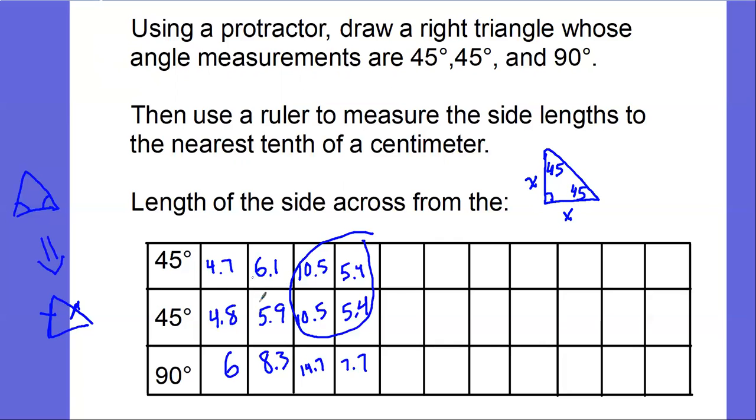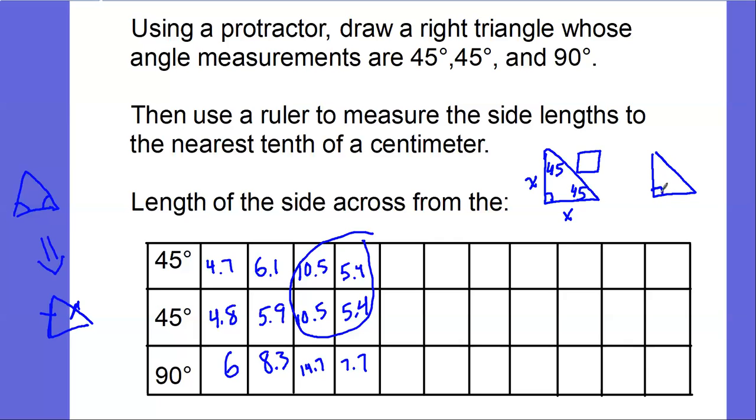Obviously, there was a little bit of error in measurement with these two people, but that's okay. When you're using rulers and protractors, you might not get things to work out perfectly. The thing that's complicated, though, is what is the relationship from here to here? So if I know that this is some value x, and here, let's use a specific number.